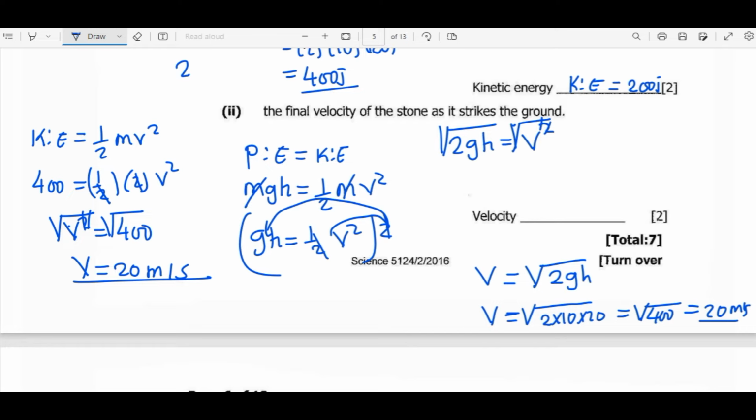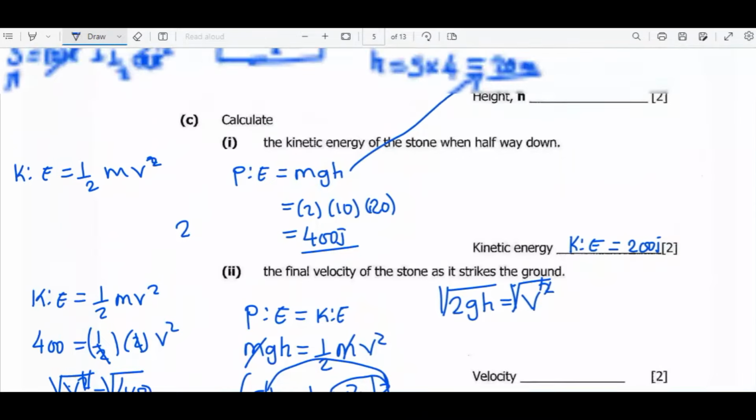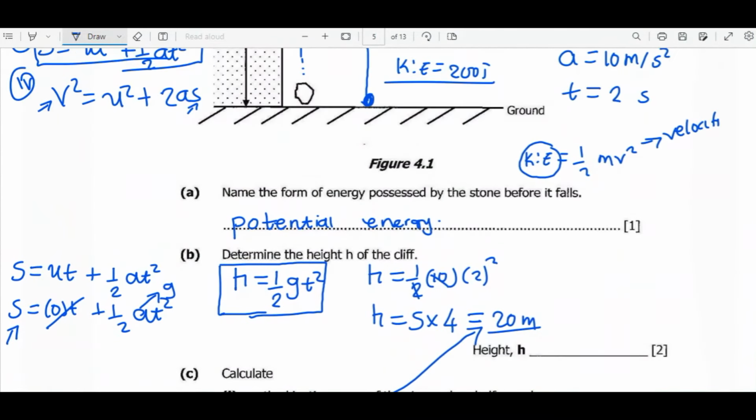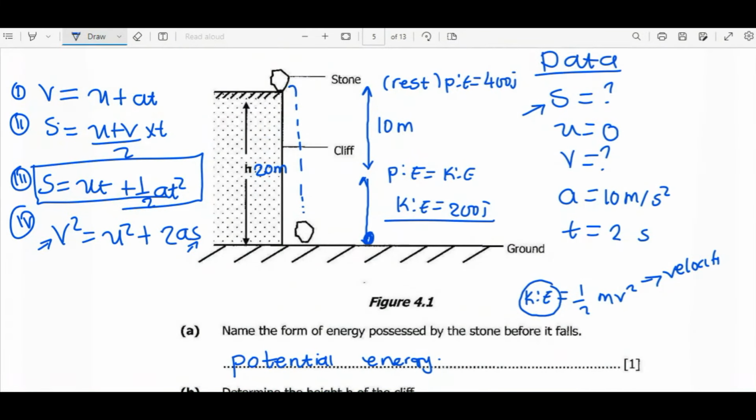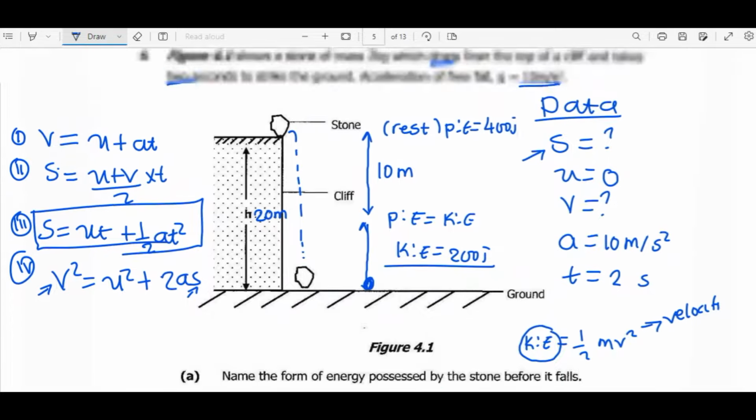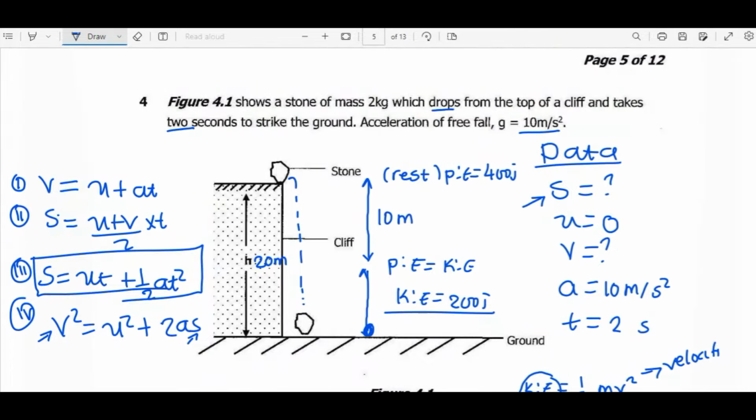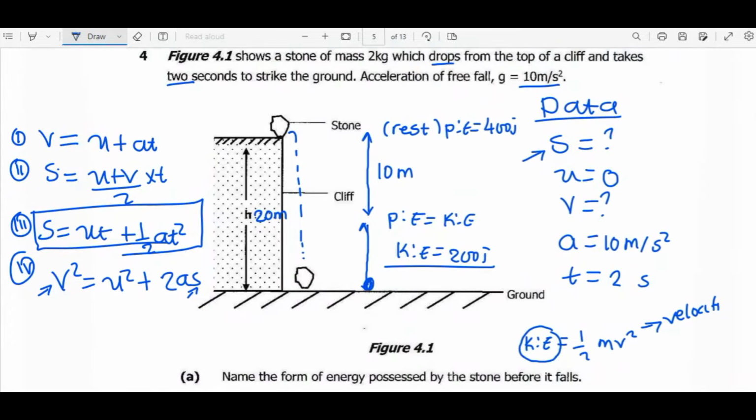Do we have another way in which we can find the final velocity? Let's go back to our data. Yes, we do. We can still find the final velocity if we use the above formula. So say v is equal to u plus at.